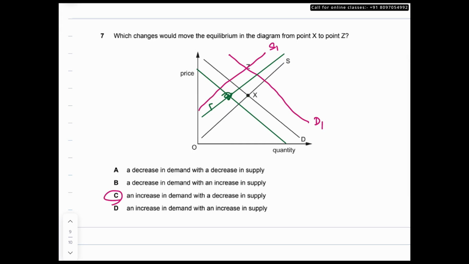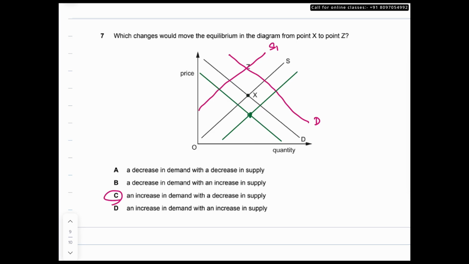The next is option B. Option B reads a decrease in demand with an increase in supply. So a decrease in demand and an increase in supply would do this. So we do have, I think, no change in quantity relative to the earlier one, but the price has gone down. As per the diagram, we want an increase in price. So these changes do not do that. It does not lead to an increase in price.